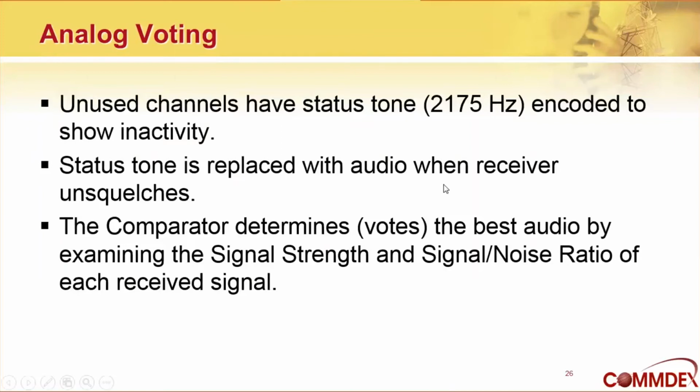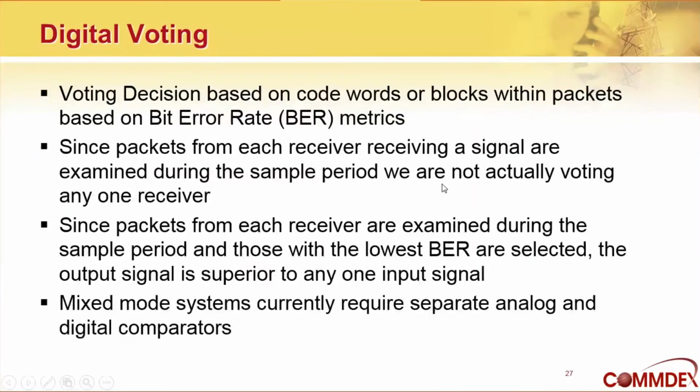So in the digital world, we do it differently. We don't have signal to noise ratios in digital, and signal strength is not a good indicator of signal quality. So we will base our decision on looking at packets within the digital signal and look at the bit error rate metrics.